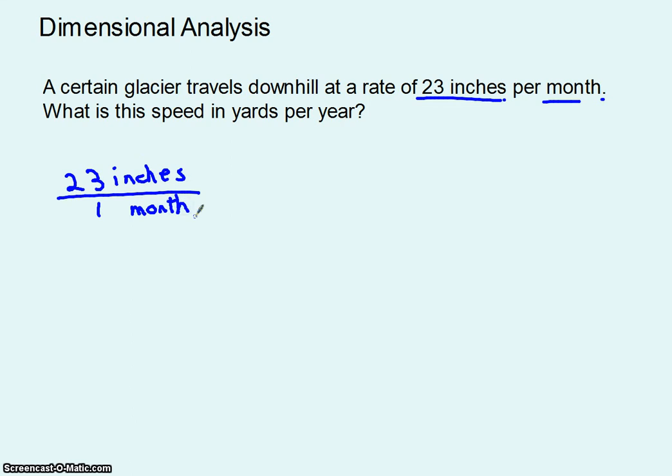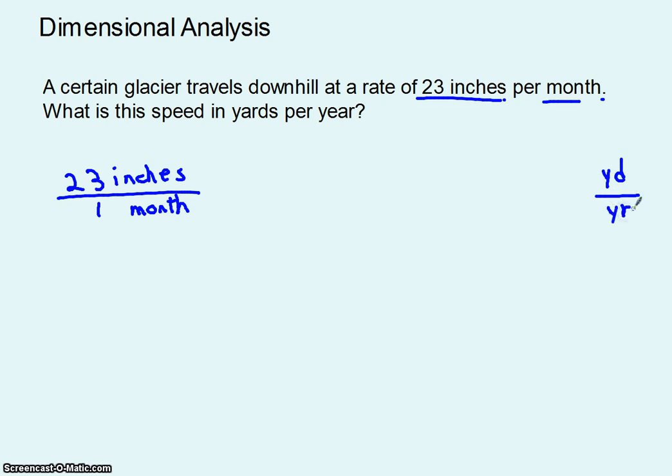Then I step over to the far side of the paper and write down what I want my information measured in: yards per year. So I write down what I want at the end.